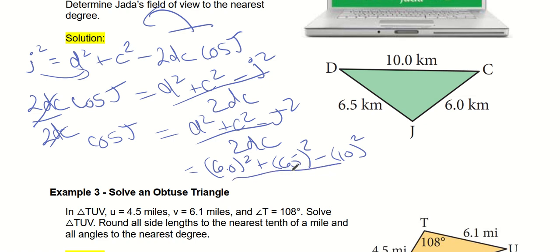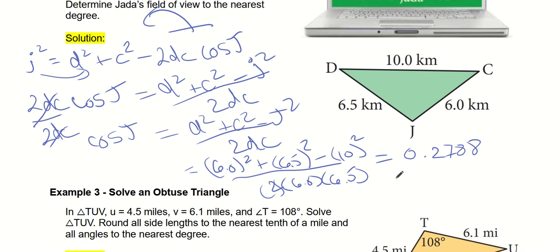Divide that by 2 times d, which is 6.0, times 6.5, which gives you a number of 0.2788. So that's cos J.